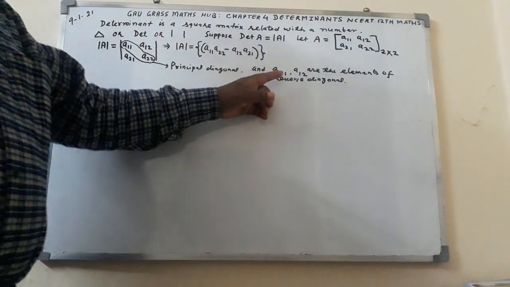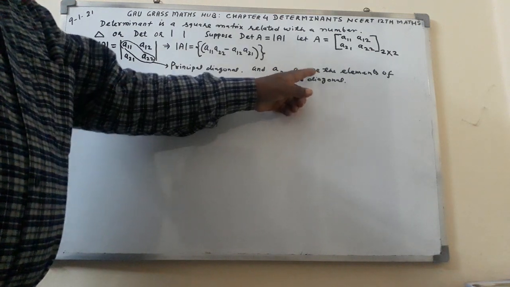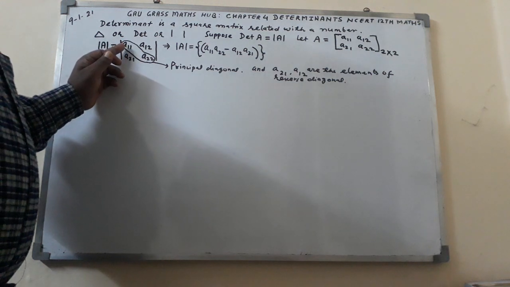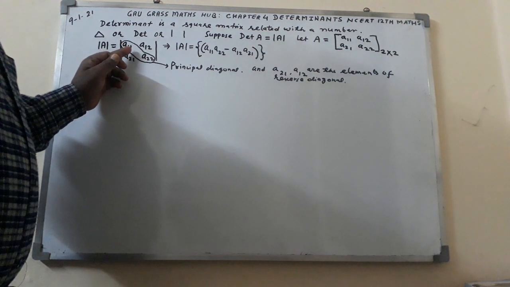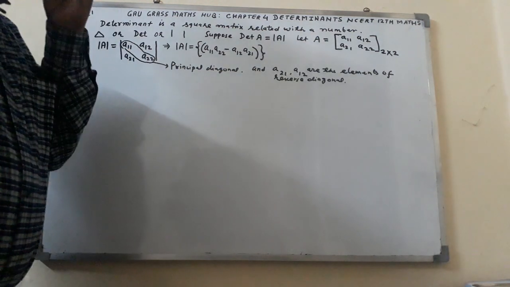A12 and A21 are the elements of the reverse diagonal, and A11 and A22 are elements of the principal diagonal.